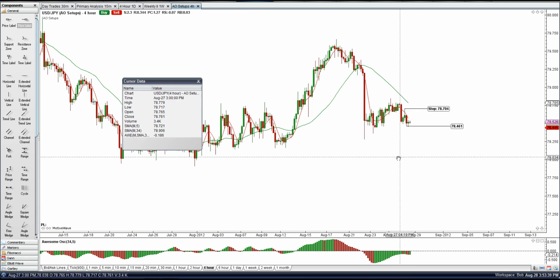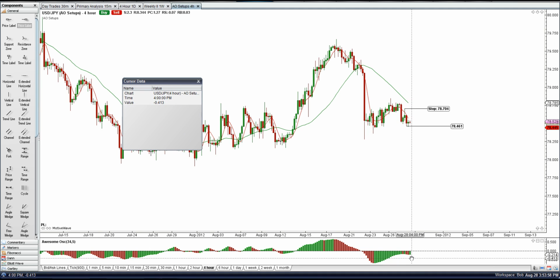Dollar yen. Had a saucer going here, but again, we got a green bar, so now we have to wait for the next one. So nothing really going on here yet.